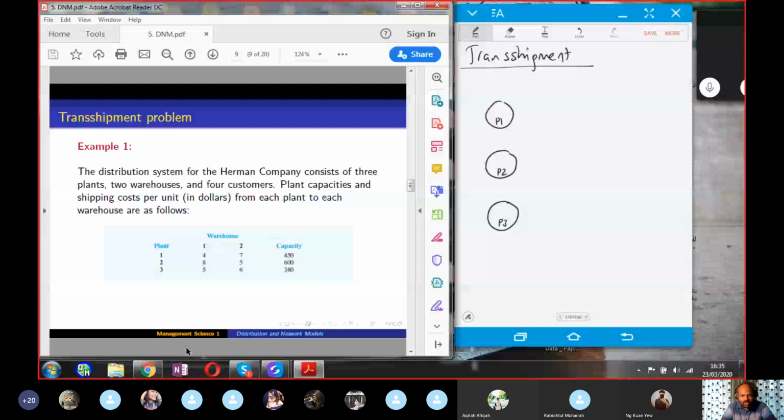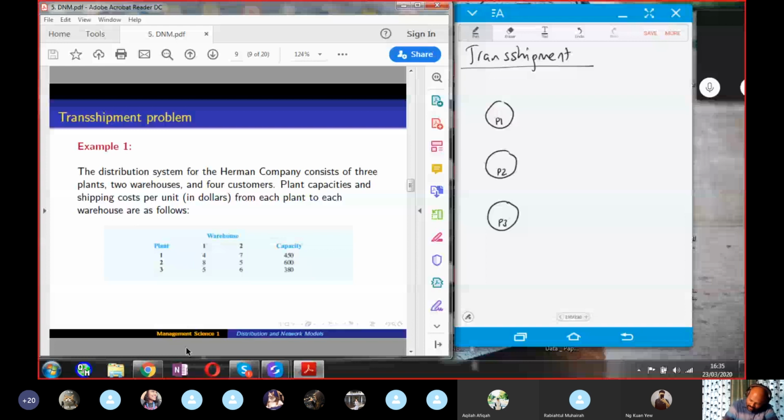This product goes to a warehouse, the middleman. There is something in between, a middle. It goes to the warehouse. From that warehouse, they distribute all the product to the customer. So in between here, there is a warehouse.